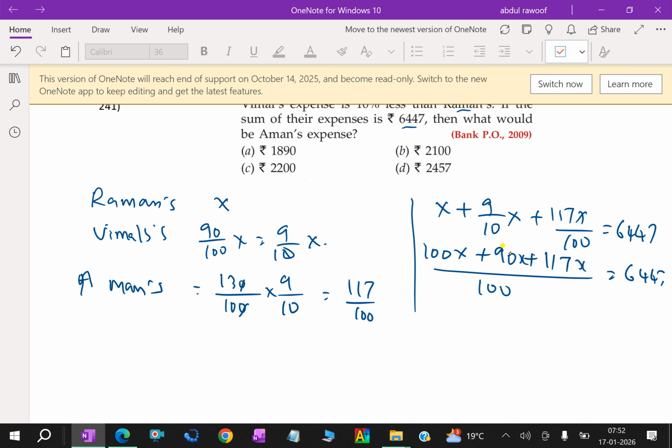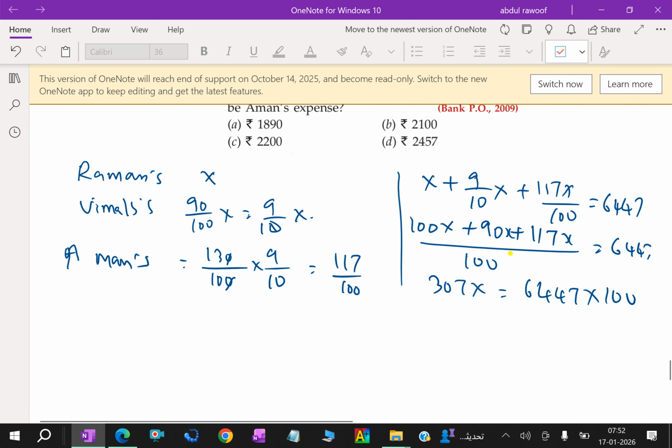Then the addition of all these things is 307x equal to 6447 into 100.